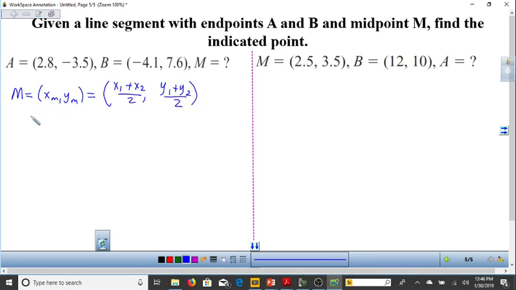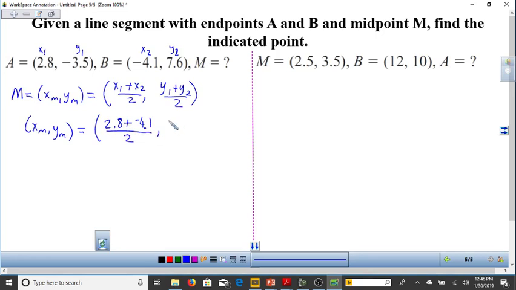And so xm, ym is, in this case, we have A and B. So let's call A x1, y1, and B x2, y2. Again, it doesn't matter which one we choose, it will work out to be the same. So x1 is 2.8 plus negative 4.1. And we'll divide that by 2.